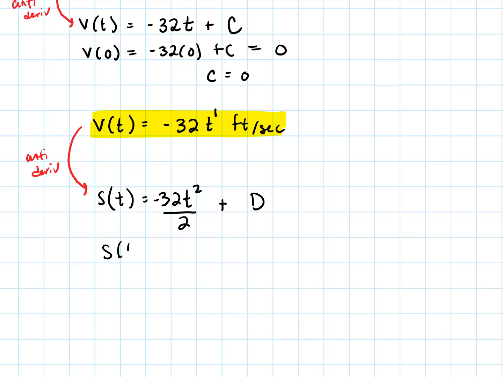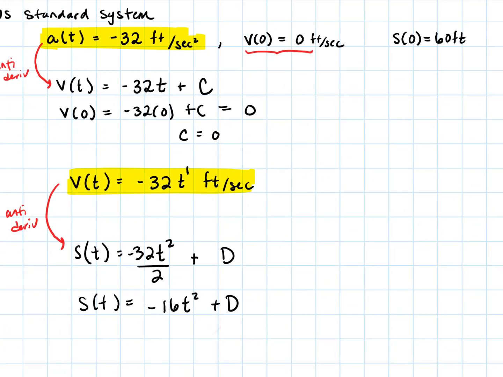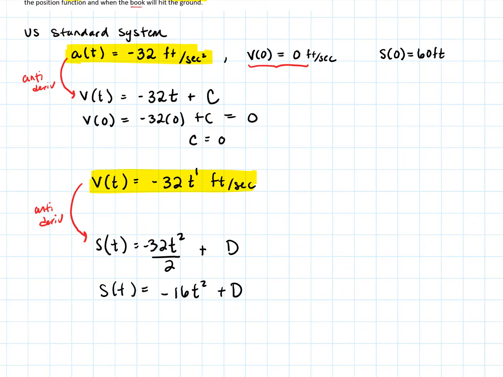So s of t is negative 16t squared plus d, and we know enough information because we are told that the building it was thrown off of was 60 feet. So let's plug that in. s of 0 equals negative 16 times 0 squared plus d equals 60, and you can see pretty quickly that d would have to be 60.